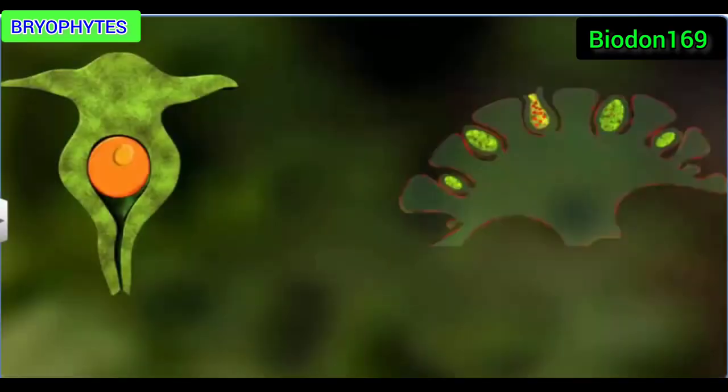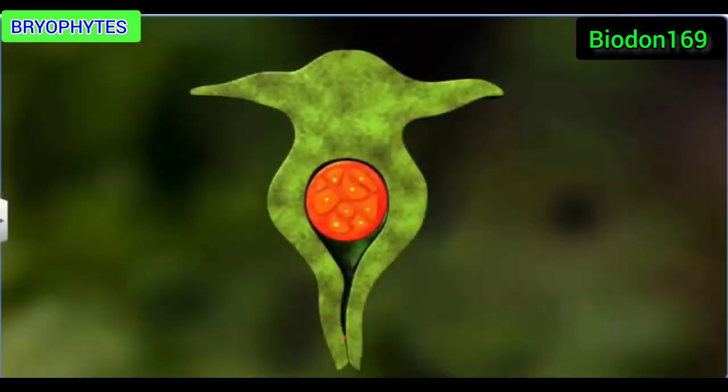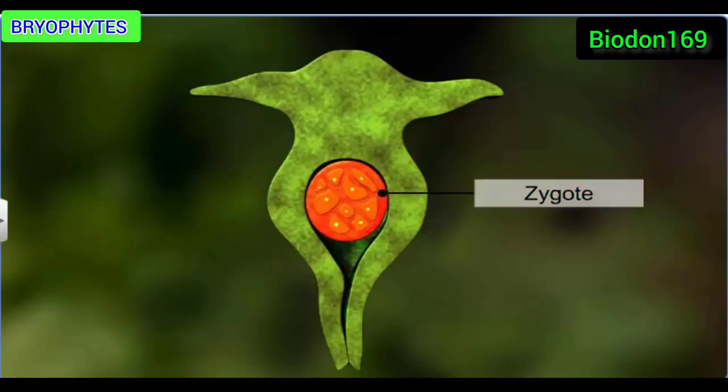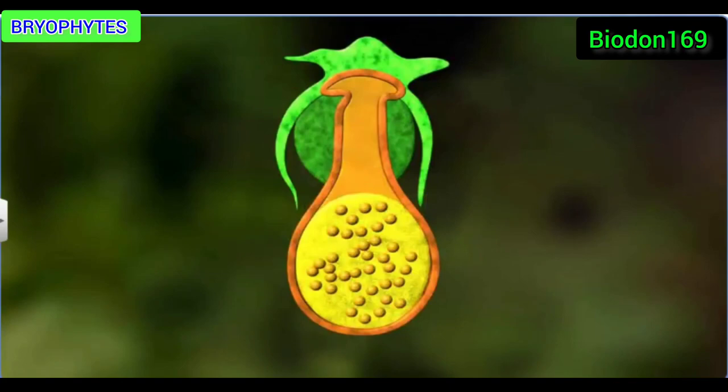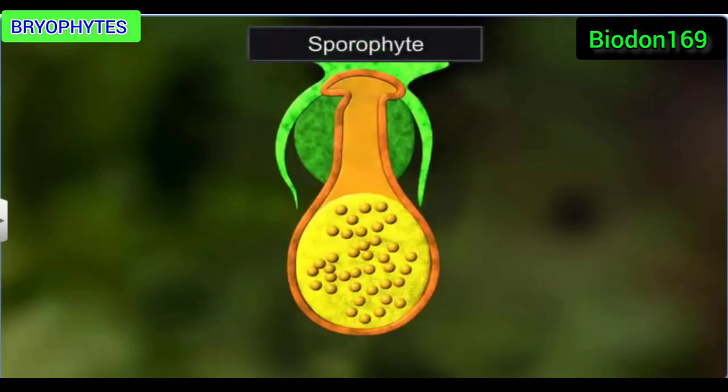During fertilization, the antheridium releases antherozoids in water where they come into contact with the mouth of the archegonium. One antherozoid fuses with the egg to form a zygote. The zygote in turn produces a multicellular body called the sporophyte.